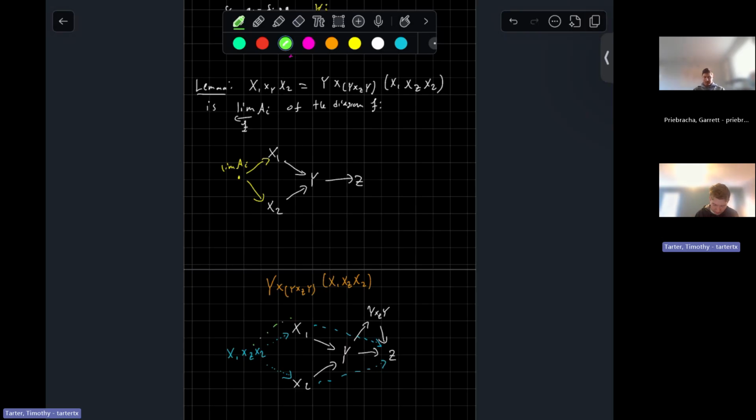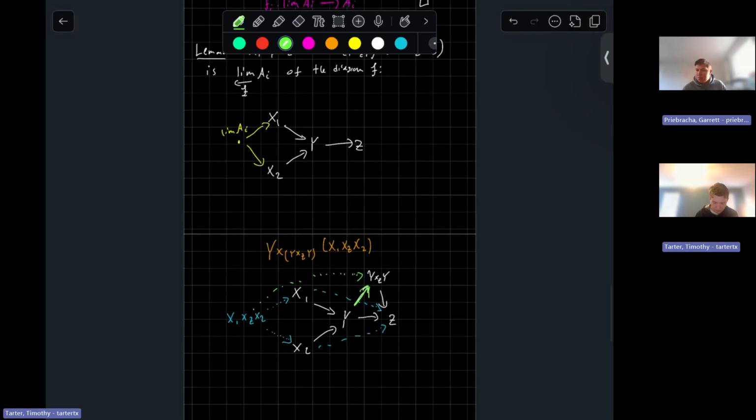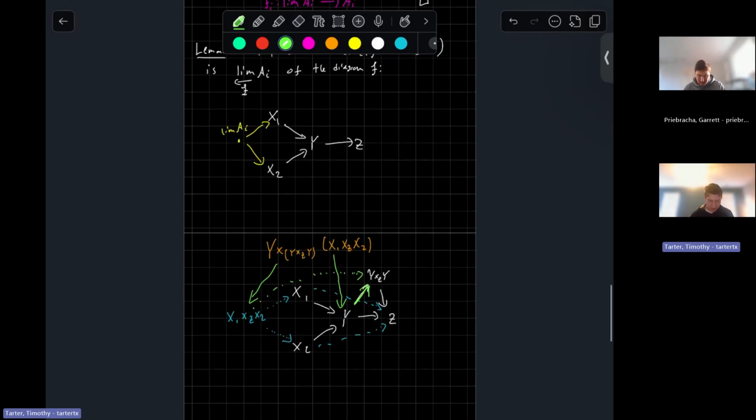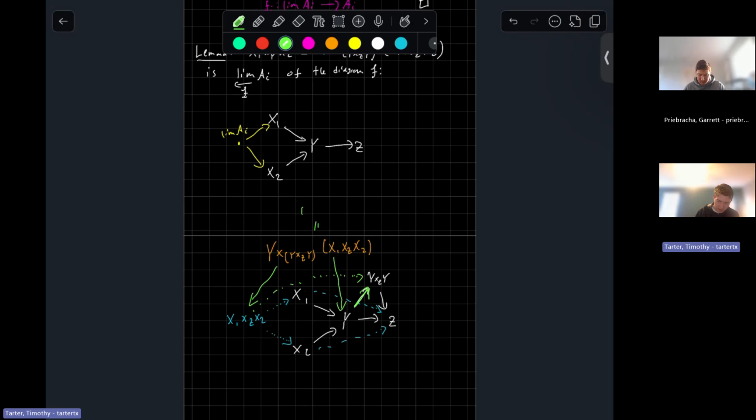It goes like this. And then we have this and this. And this is the limit of the diagram.